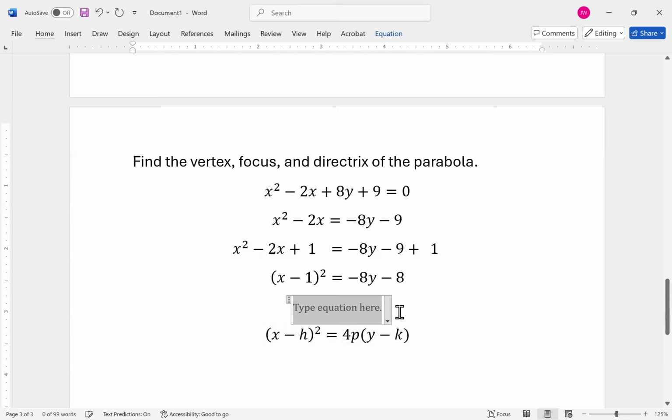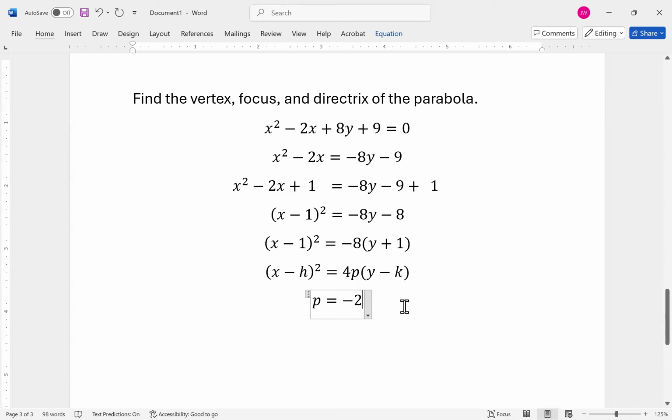When I do that, I end up with the equation of the parabola being (x - 1) quantity squared is equal to -8 times (y + 1). And it's pretty obvious that p here is -2.